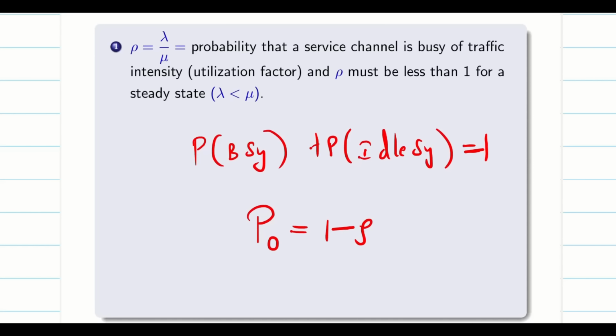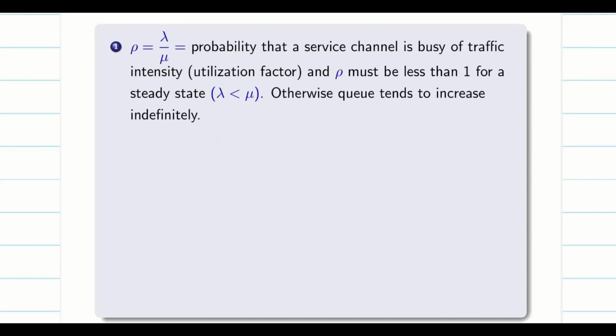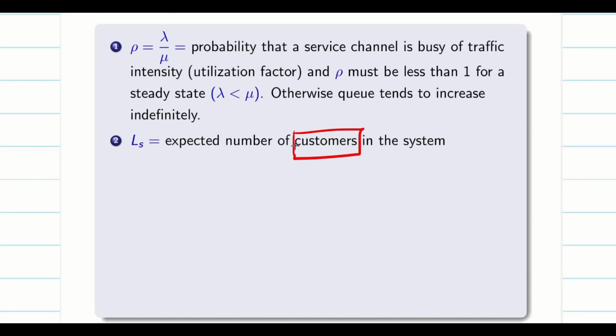Is it clear? Next we are going to see one by one. Whenever there is a system, there is the number of persons getting service, the number of persons waiting in the queue, the waiting time in the queue, the waiting time in the system, etc. One by one let us learn. LS: what is LS? The expected number of customers in the system. What is a system?